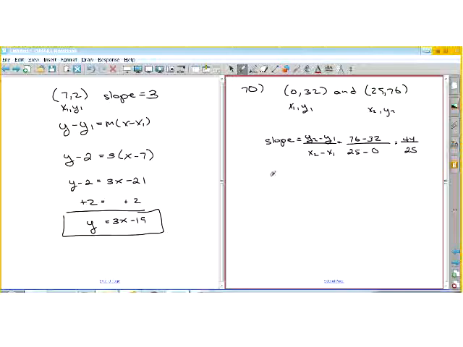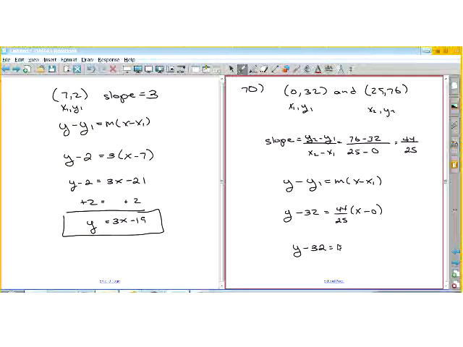So now we just take one of these points. It doesn't matter. This one's the easiest one because one of the terms is going to go to 0, one of the x1 or y1. So this is the point slope form of the linear equation. y1 is 32, m is 44 over 25, x is the variable, x1 is 0.